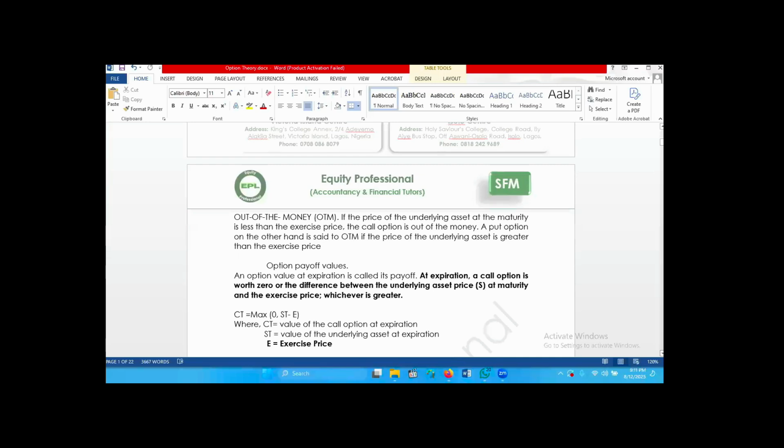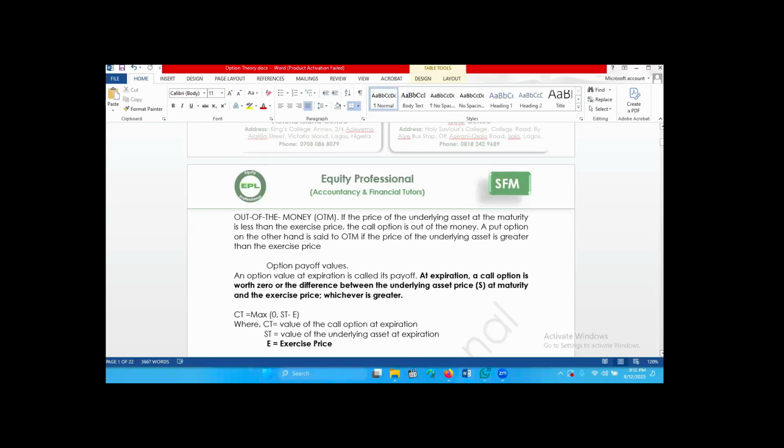Hence, the option holder should not exercise his right to buy or his right to sell.